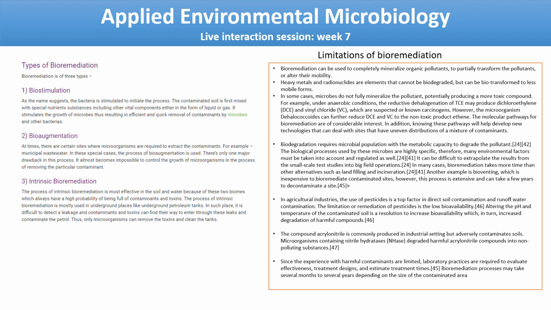In such places it is difficult to detect leakage of contaminants and toxins, and they can find their way to the lakes and contaminate petrol. So these microorganisms can remove all these toxins and clean the petrol tanks.